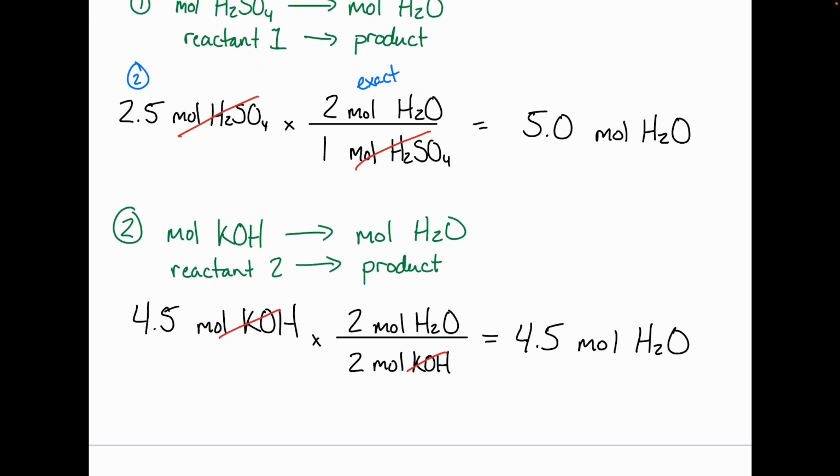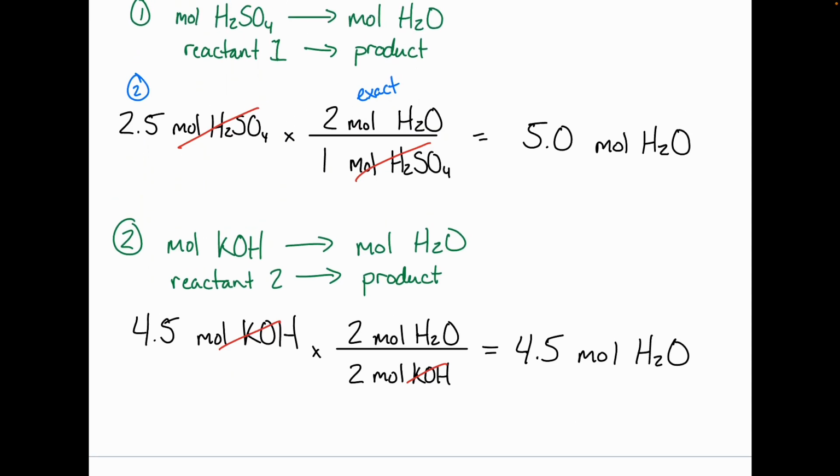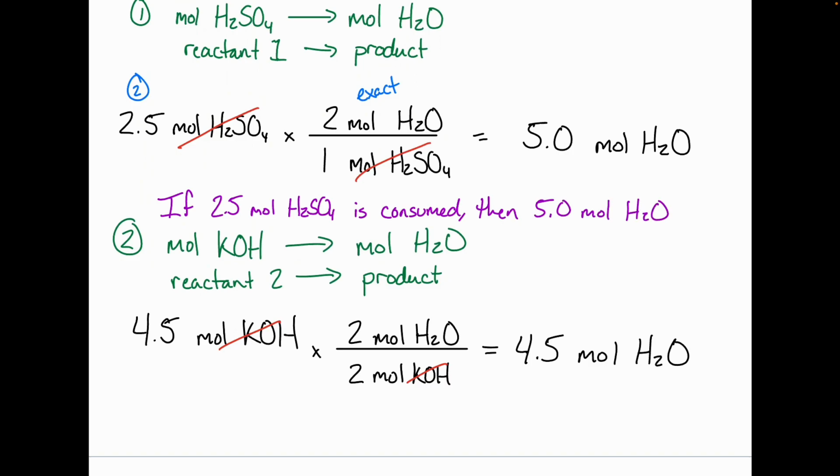All right, so we have to compare these two calculations here. Importantly, what this first calculation is saying is that if 2.5 moles of that first reactant, H2SO4, is consumed, then 5.0 moles of H2O would be produced. Right?